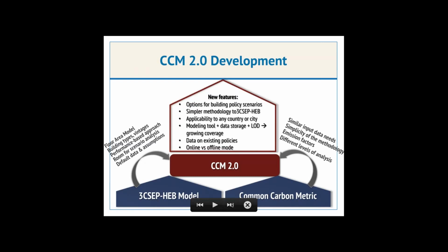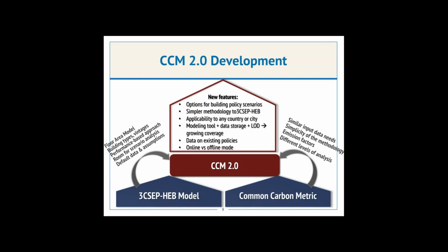It basically tries to expand on the very basic calculation mechanism of the Common Carbon Metric spreadsheet and to add a scenario model which has been built up from the Central European University and has informed the IPCC and the Global Energy Assessment and others.